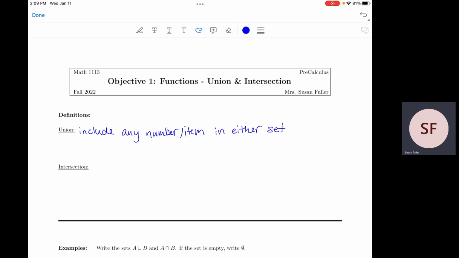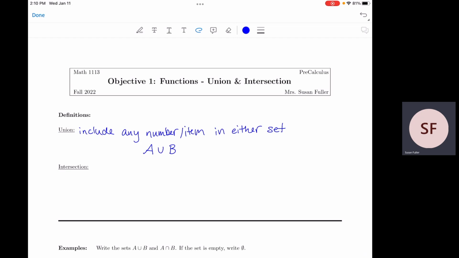Basically, if it's in one of the sets, it's in the union of those two sets. The notation that you'll use is A union B. It's like a little U between the two sets, and that stands for union. You would read this as A union B, and it would be the set containing all the elements of A and all of the elements of B put together in one.